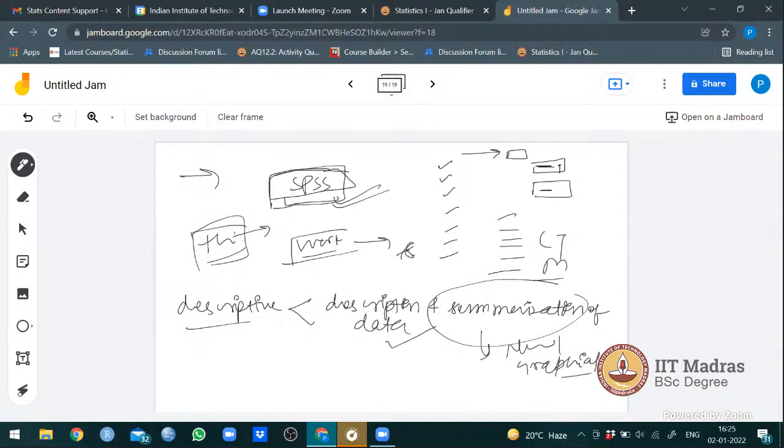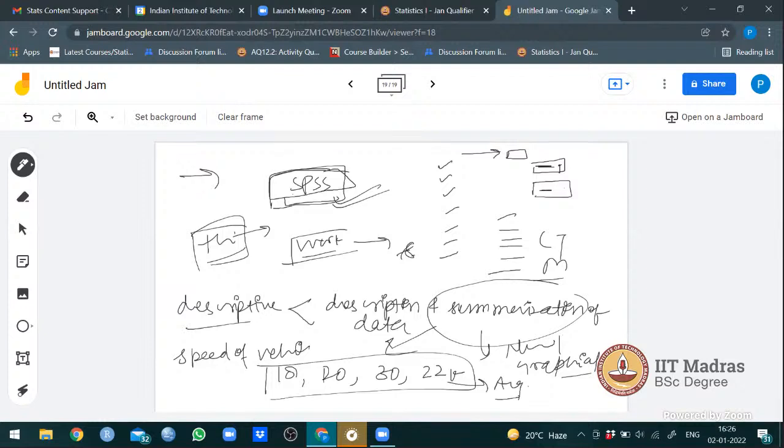In general, you can say it covers some of the main points. Suppose you have data of the speed of vehicles: 18 km/h, 20 km/h, 30 km/h, and 22 km/h. You have four values, and you can calculate the average. You can say the average speed of the vehicles is 23.5 km/h, the maximum speed is 30 km/h, and the minimum speed is 18 km/h.